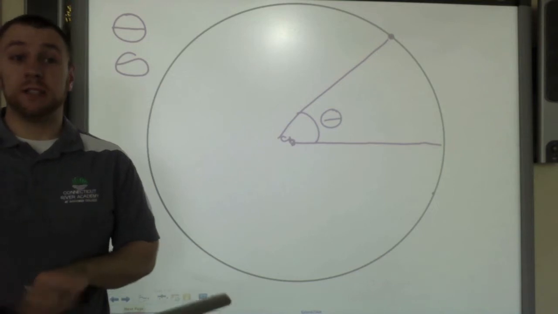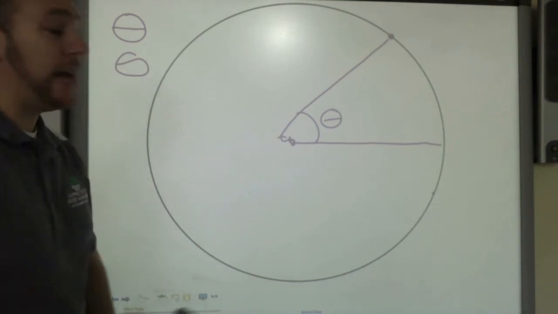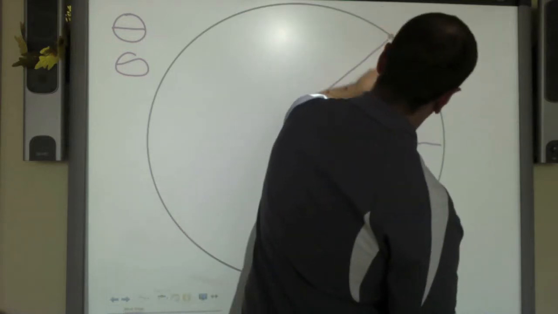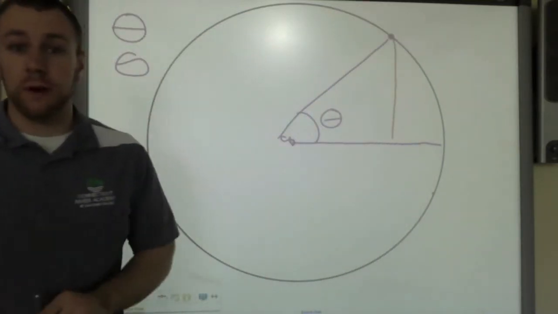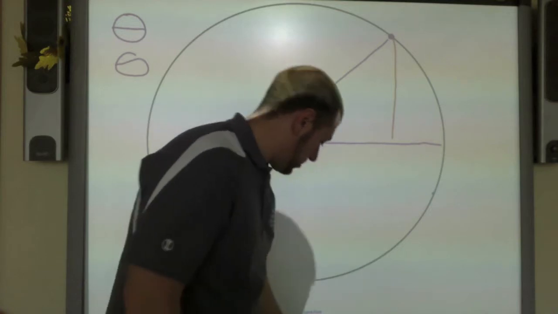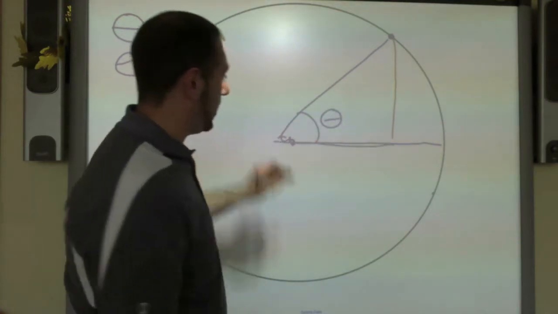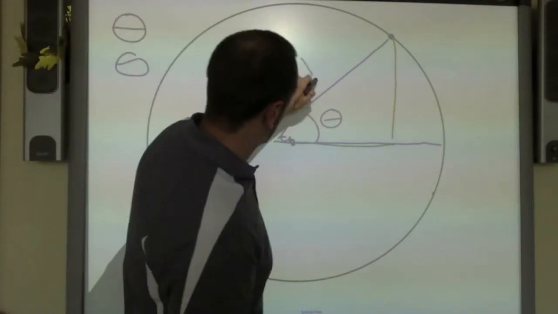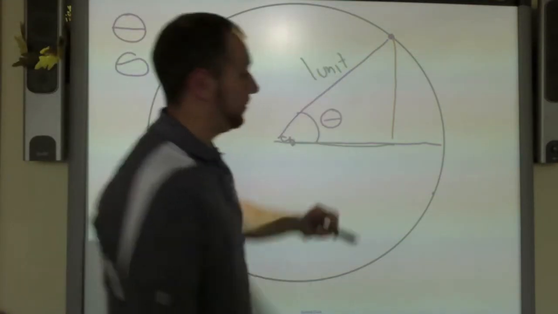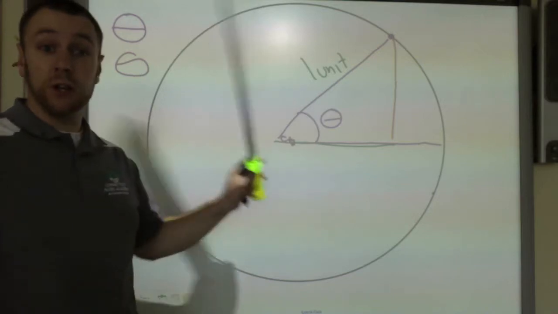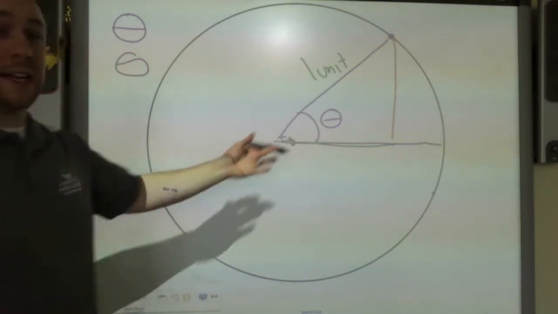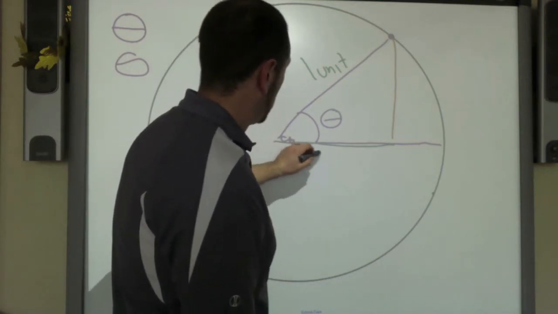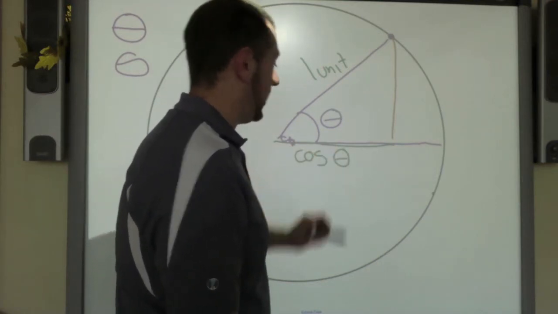Now, trig values are represented by the length here and the length here. Okay? So, if this is 1 unit long, okay, in this case, a sword, we define this as the cosine of the angle. Okay, it's COS.